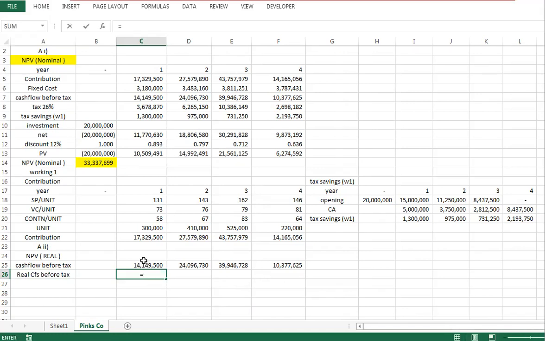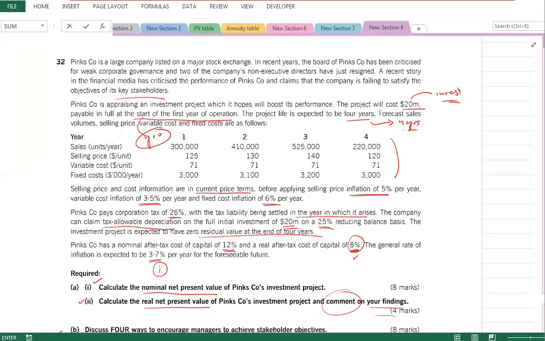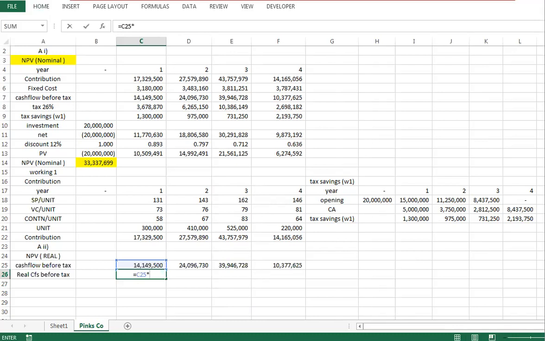Which will be this figure multiplied by the general inflation rate, which is 3.7%. So this multiplied by 1.037, right, which means 1 plus 3.7% raised to the power minus year 1. And then we do it for year 2, year 3, year 4, and all of them. So these are basically the figures that we have deflated.